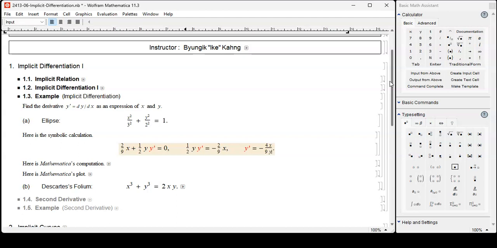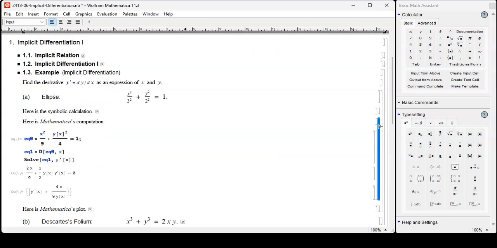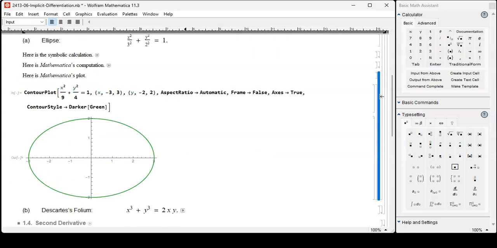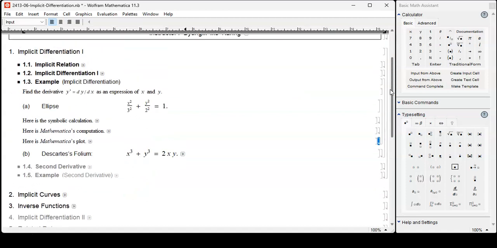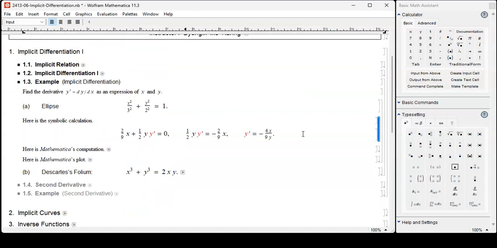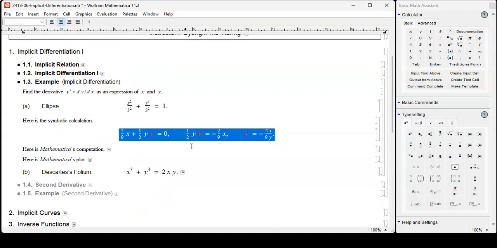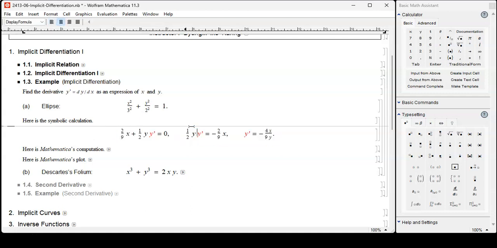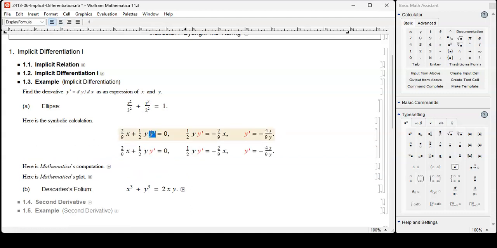Same computation, right? Never mind about these. Let me copy and paste this thing here. Some people may want to do it this way.